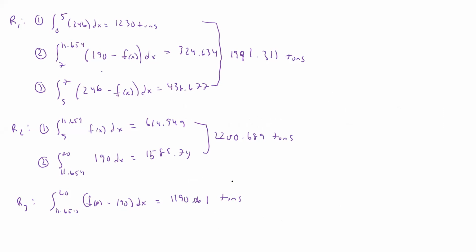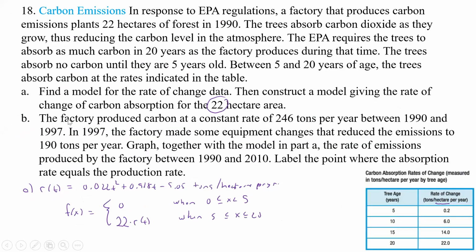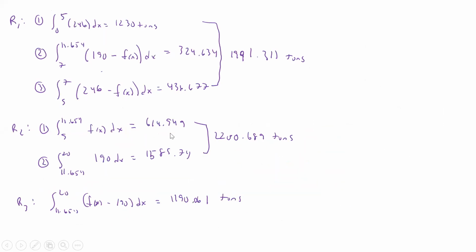And so now what we have to do is figure out the produced minus our absorbed. So after 20 years, absorbing or producing, 246 tons between there and there, and 190 tons between there and there.